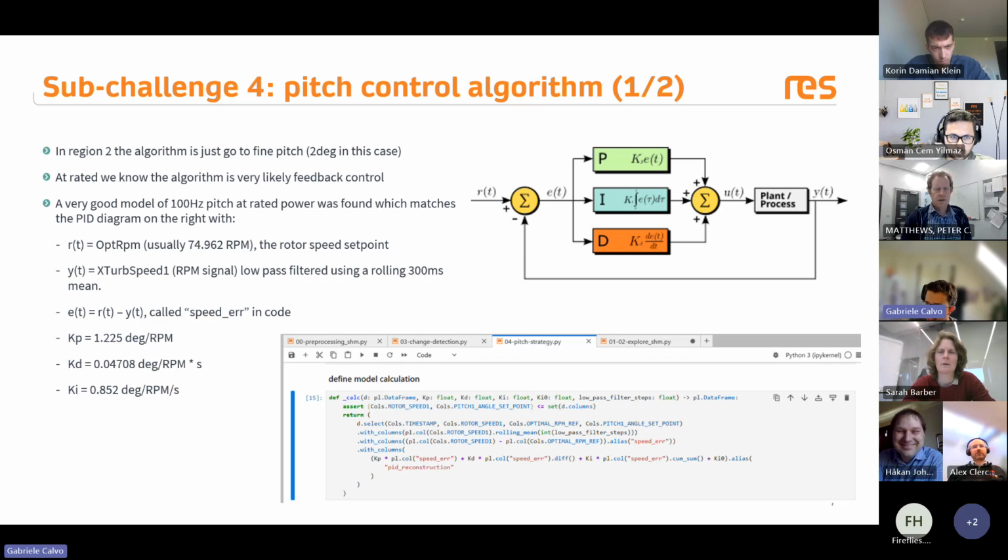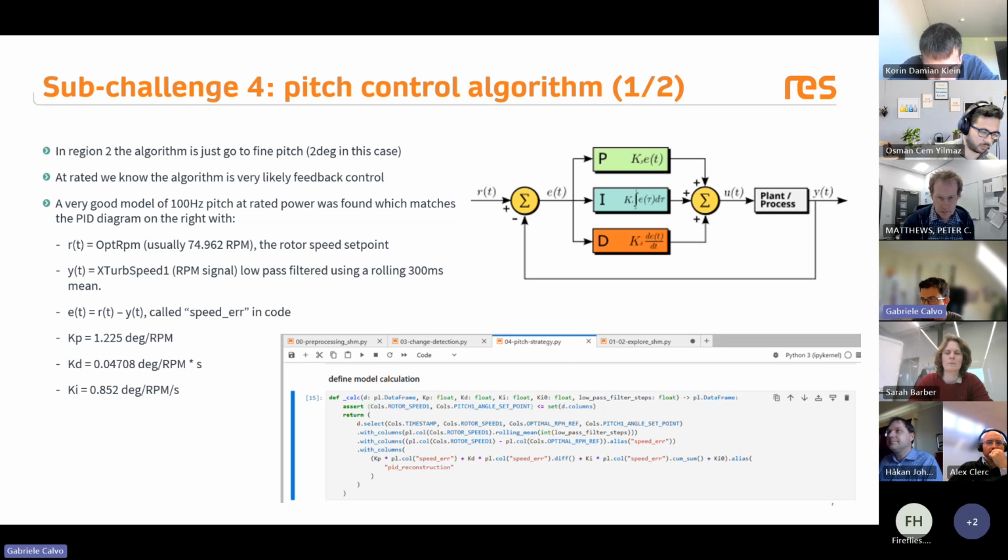So for this one, we re-engineered or back-engineered the logic behind the controller. What we did was take the data and fit the gains KP, KD, KI, as well as two extra parameters.